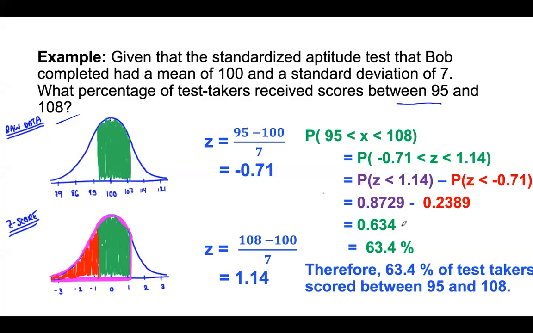And we get our actual value here. So that's that whole purple area. Subtract that whole red area is the green area, and the green is the area between those values. Therefore, 63.4% of test takers scored between 95 and 108.